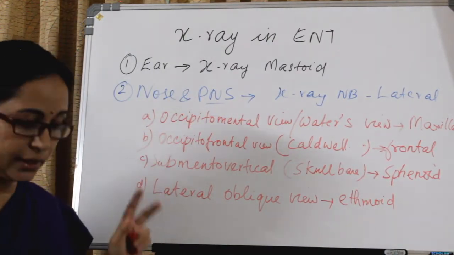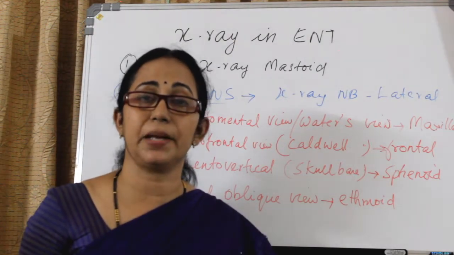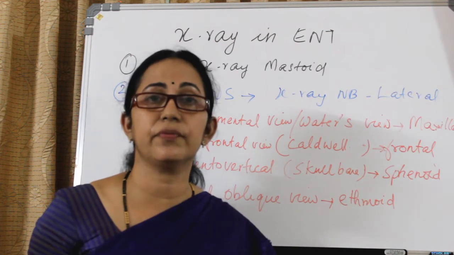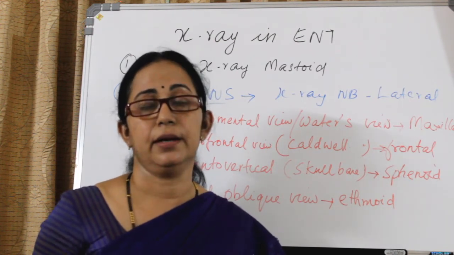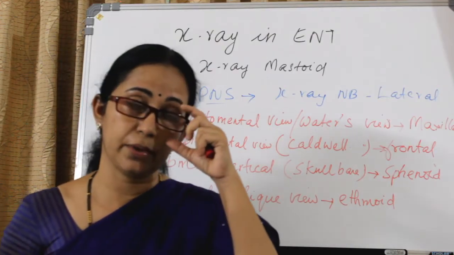Okay. So in the plain X-ray, the sinuses will appear as air-filled translucent cavities. And if there is an opacity, it is compared with the opacity of the orbit.